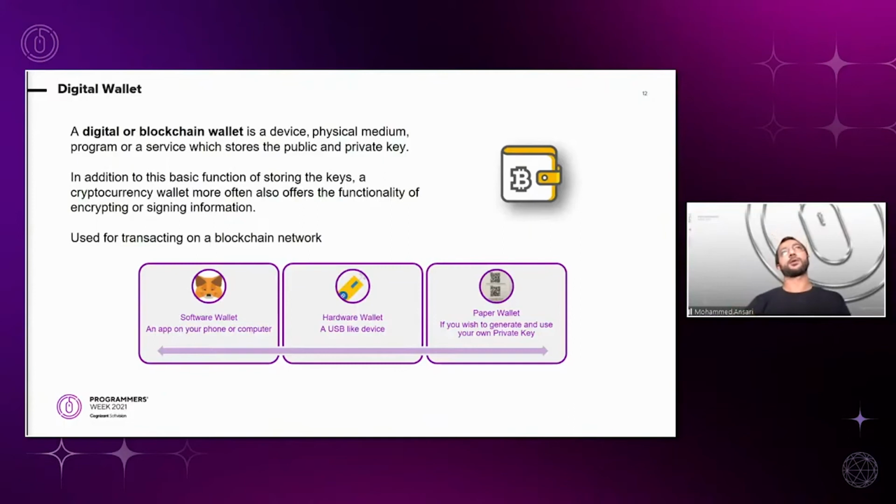In terms of security, all you have to do is plug in your USB. It's a USB kind of a thing that you have to plug into your system. It has a private key inside it, and it cannot be copied out of it. It gives you the option to recover your device in case you forget the passwords that you have to set when you initially set up this device.